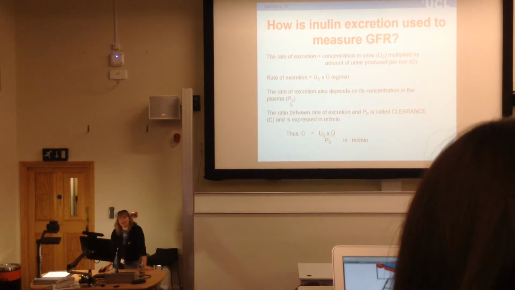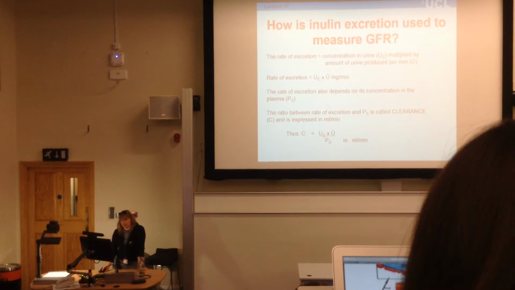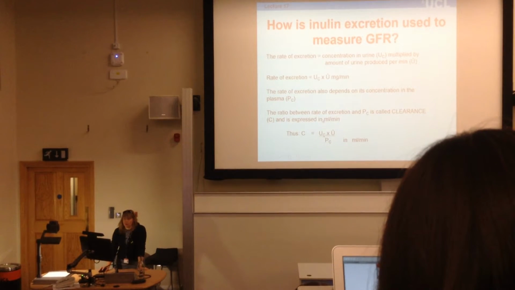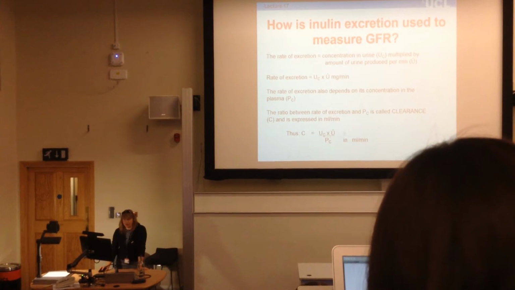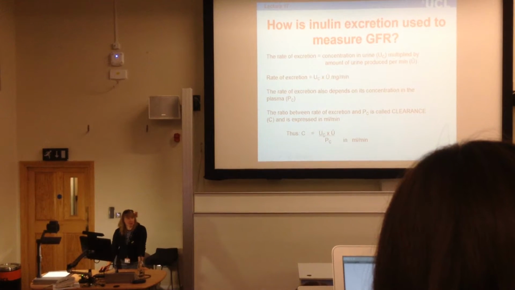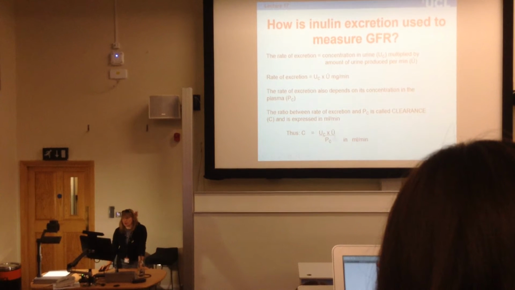So to look at the clearance of something such as inulin, we will express this as the urinary concentration multiplied by the amount of urine that's produced per minute, and divide that by the plasma concentration to get a rate of clearance, usually in mils per minute.